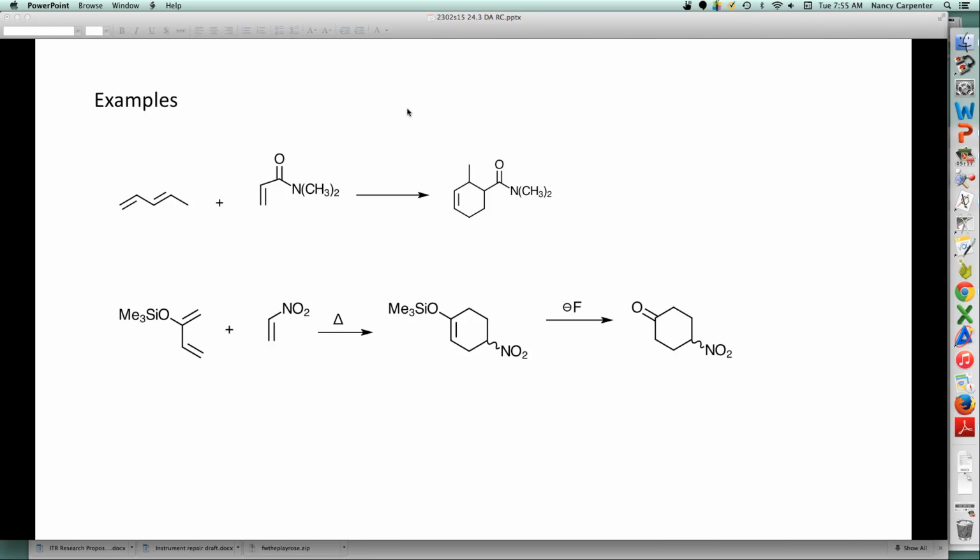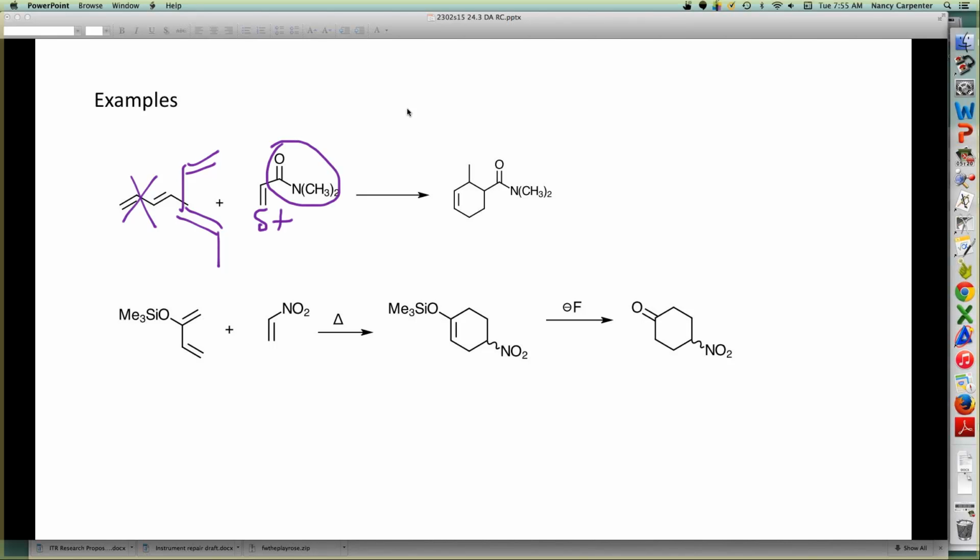So, a couple of examples. Now remember that it's a lot easier if you just redraw these things so that I can really clearly see my diene here. Now, we know that this is a delta positive because that group is an electron withdrawing group. Now, a methyl group, is that electron donating or electron withdrawing?